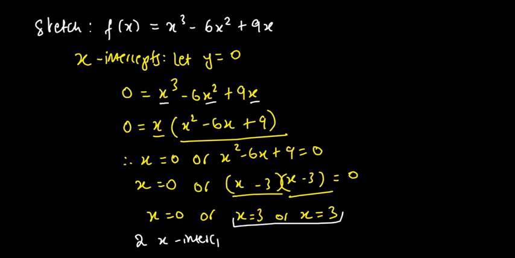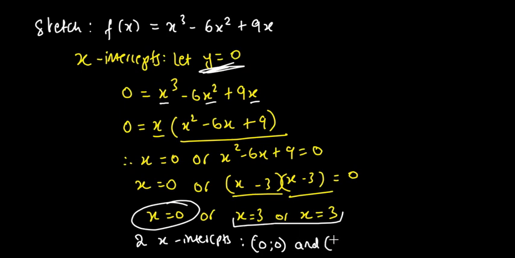Number one, X is equal to 0. When x is 0, remember the y is always 0 for x-intercepts. Then when x is 3, y will be 0. So these are the only two x-intercepts, because this and that is the same number.